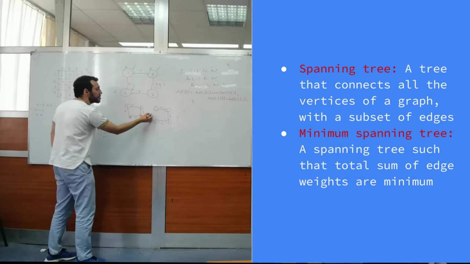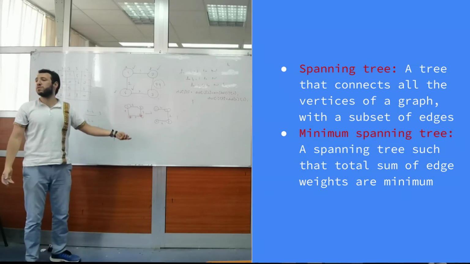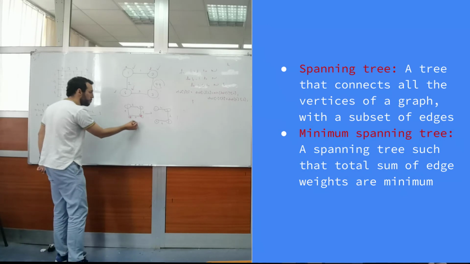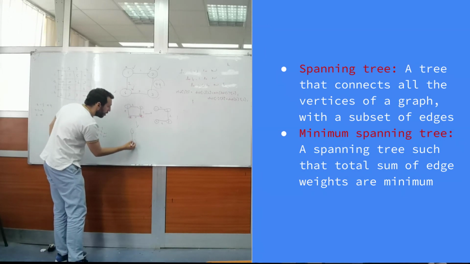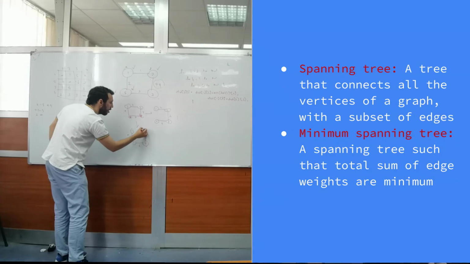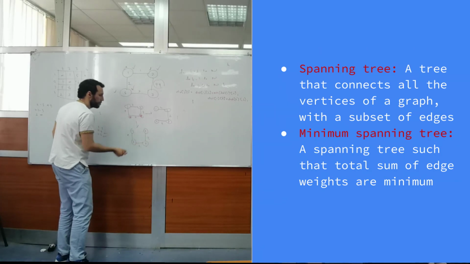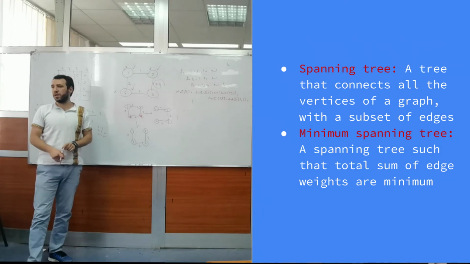This is a spanning tree for this graph. It's indeed not just a spanning tree, but a minimum spanning tree. And another one can be, we can remove the 1, 2 edge, and then 1, 4, 4, 3, and 3, 2. So this is another spanning tree, and also another minimum spanning tree.